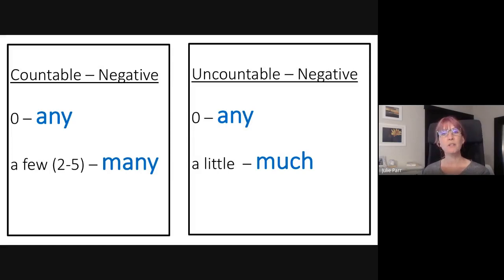I don't have much coffee. I don't have much milk. I don't have much cheese. Uncountable, negative, I use much. Countable, negative, I use many. If there are 0, I use any for both countable and uncountable.